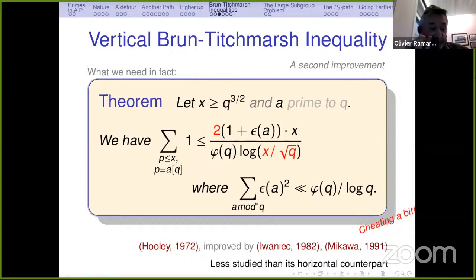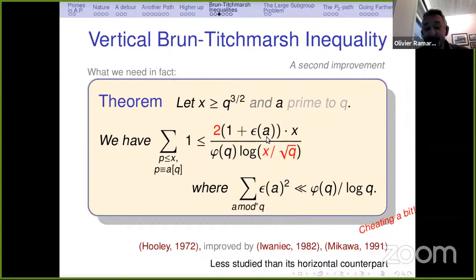When I was looking at this paper by Balu and Ramachandra, I said almost everywhere in y. You can have almost everywhere in q, I mean a here. Yeah. So what we prove is that we can get the same result. So the factor 2, the phi of q, like in the usual Brun-Titchmarsh, but x upon square root of q instead of x by q.